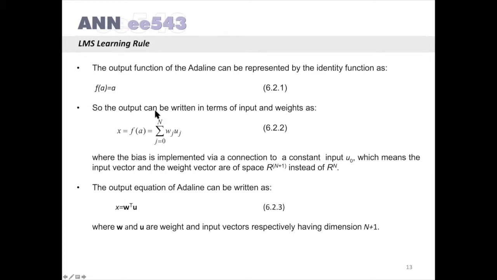So the output of the Adaline can be written in terms of inputs and weights as output equals f applied on a, which is equal to the summation of j from 0 to n of w_j u_j. This is the activation, and on that we are applying the identity function, so we are applying itself, where the bias is implemented by a connection to a constant input u_0, which means the input vector and the weight vector are in the space R^(n+1) instead of R^n.